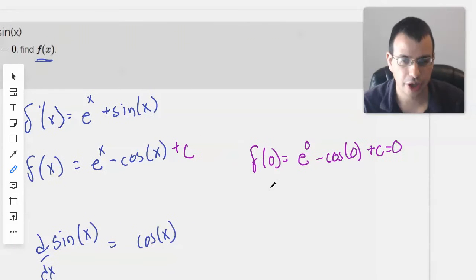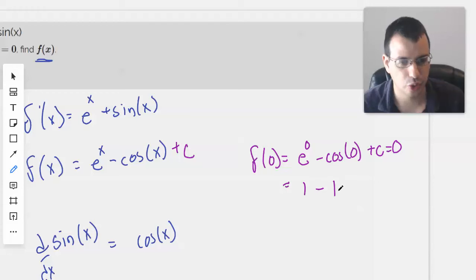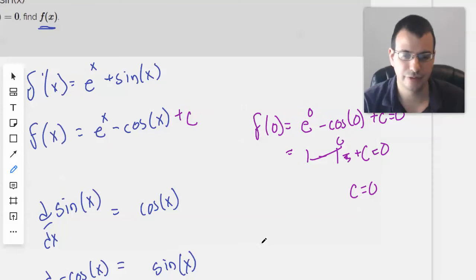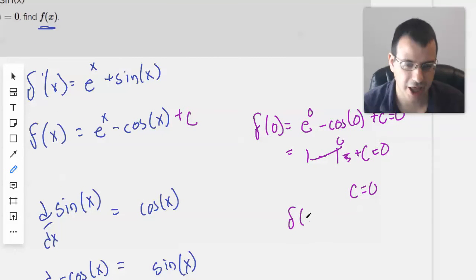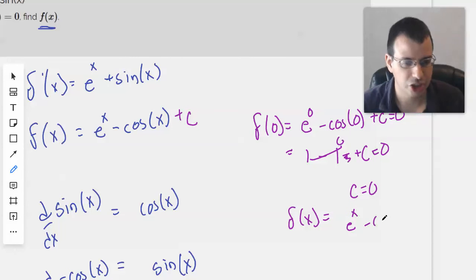So we know what e to 0 is. That's 1. Cosine of 0 is also 1. Oh, plus c equals 0. 1 minus 1 is 0. c equals 0. Therefore, our final f of x equation will be e to the x minus cosine of x.